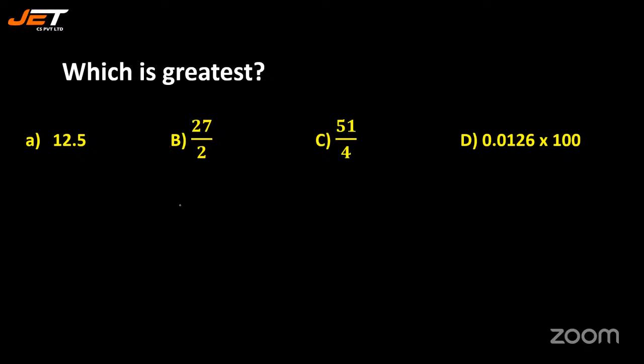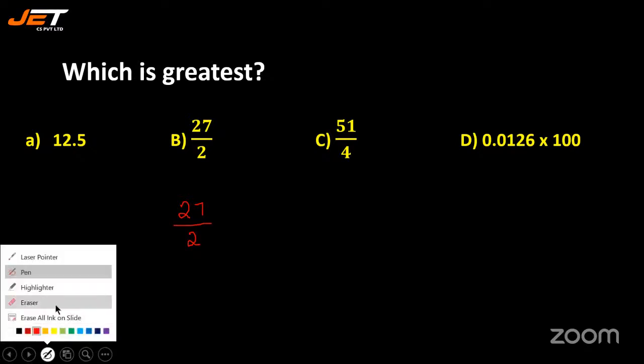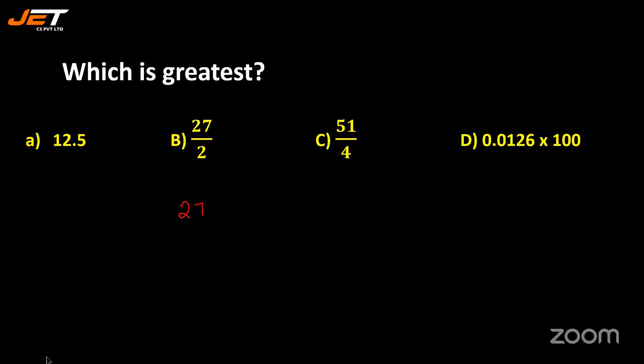If I do 27 by 2, that means I need to divide. Then 51 by 4 also you have to divide to get the answer in decimal. And this is 0.0126 times 100. Please do it.